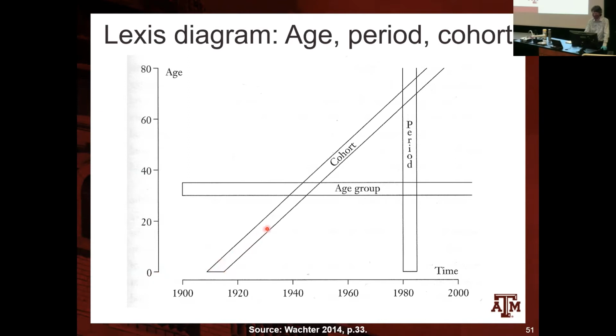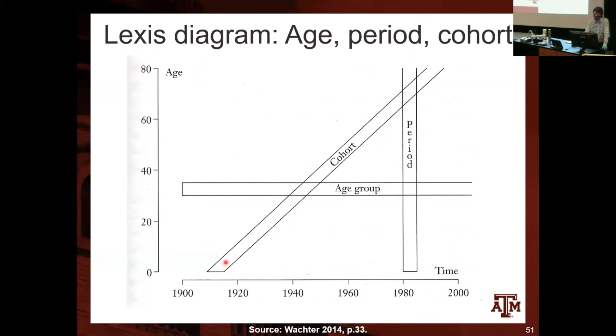And then as time goes by, they start to get older. And so the Lexis diagram shows us information of a specific time point, which is usually referred to as period information. It also tells us about people that reach a specific age group, as we saw before in those 2 questions that I asked.